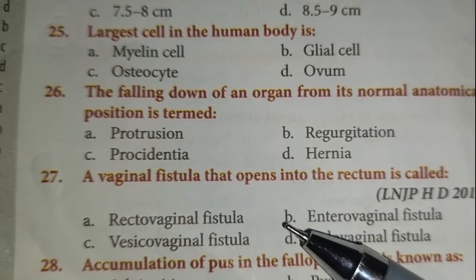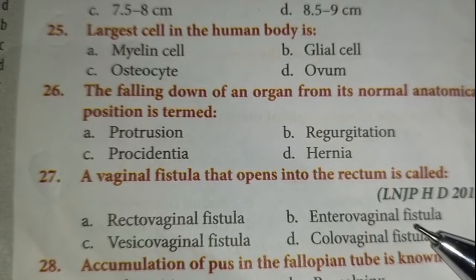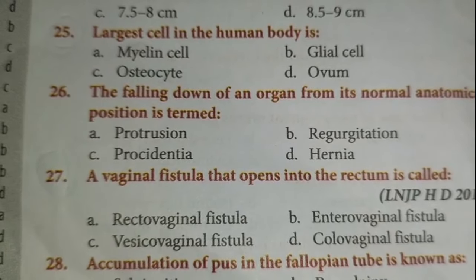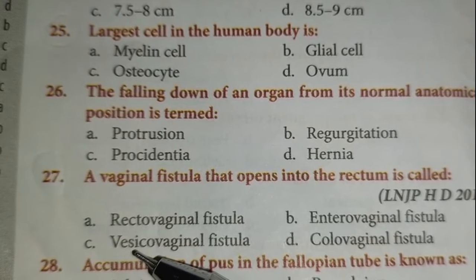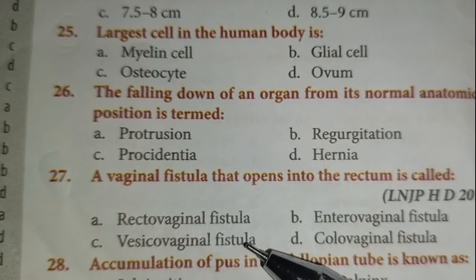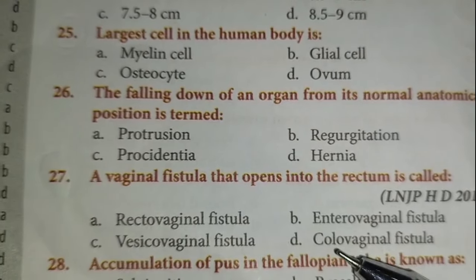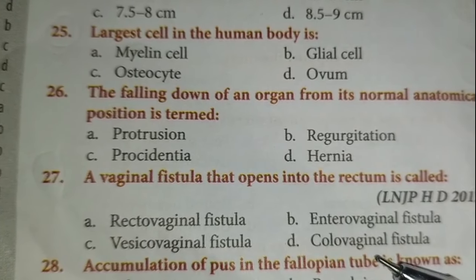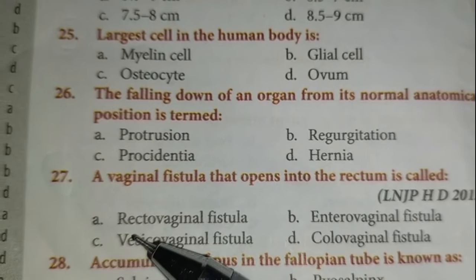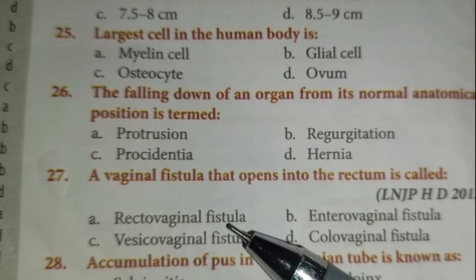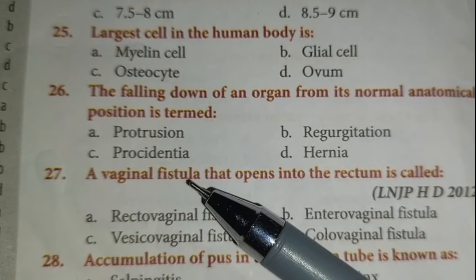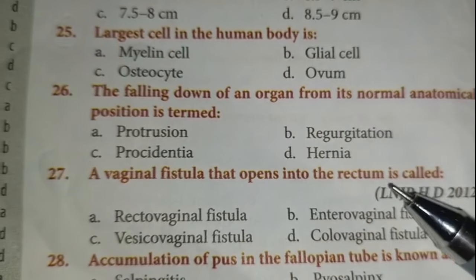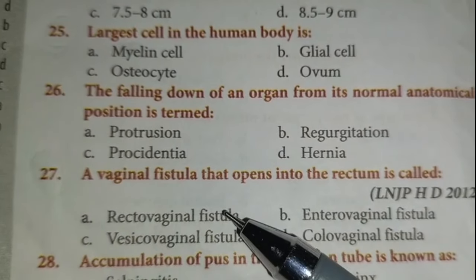Option B, enterovaginal fistula. Option C, vesicovaginal fistula. And option D, colovaginal fistula. And the correct answer is rectovaginal fistula. A vaginal fistula that opens in the rectum is called rectovaginal fistula.